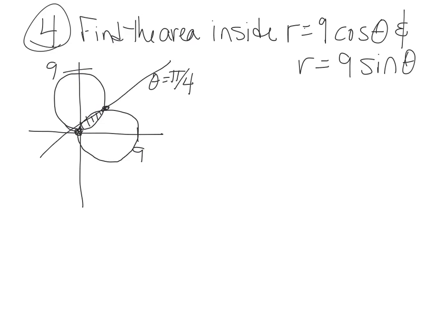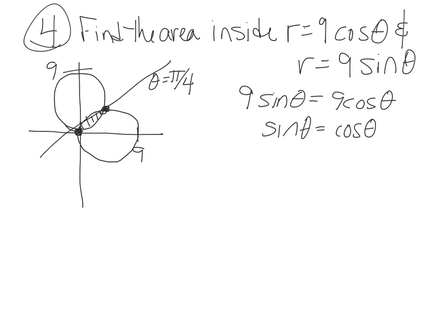So if I want to find the points of intersection, it might not always be that I can tell by graphing. You can set them equal to each other. 9 sine theta equals 9 cosine theta. Divide by 9 on both sides. Sine theta equals cosine theta. If you want to solve for this, you could divide both sides by the cosine of theta.